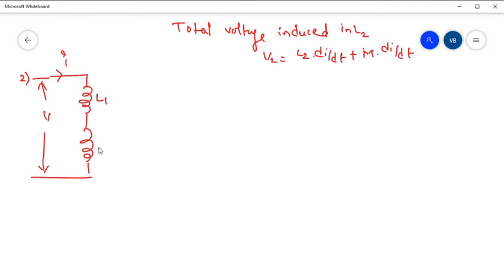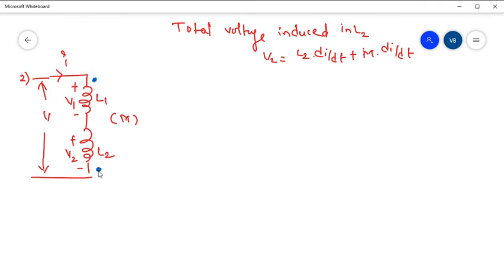Let us take this as L1 and L2, with V1 and V2, both positive. Let us take the mutual inductance value as M. I put the dot convention like this.